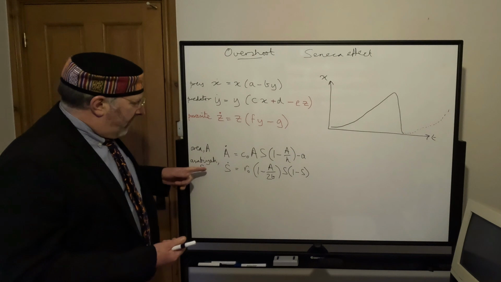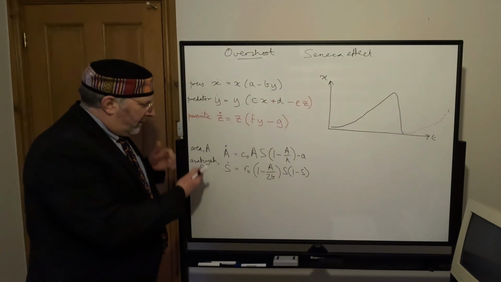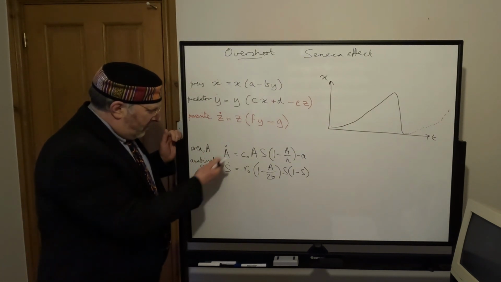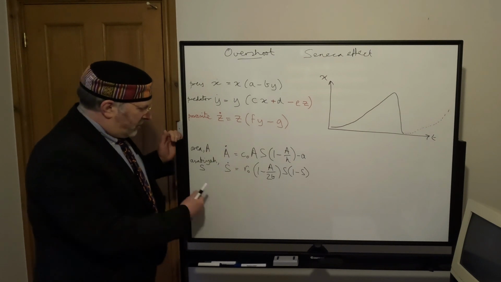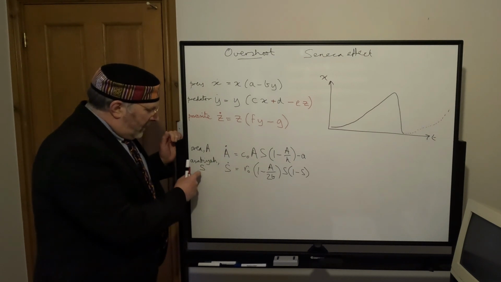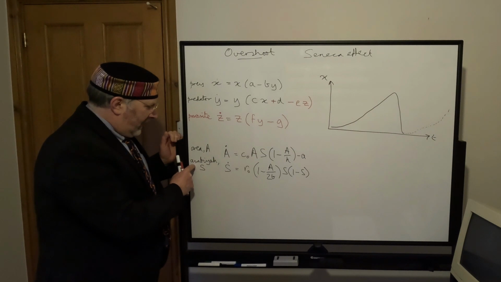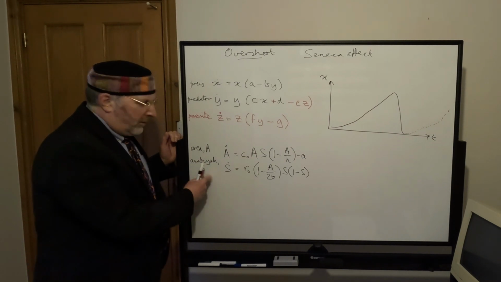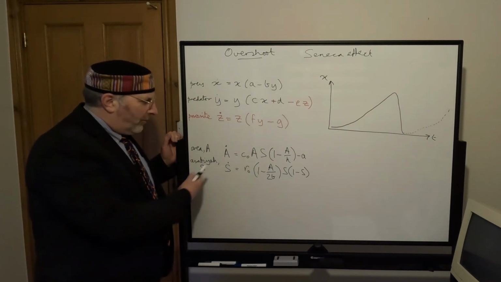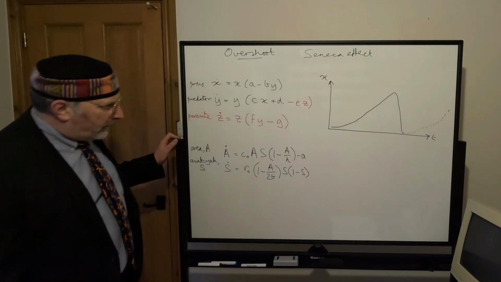And he uses A for area and S for asabiyah. Obviously, they both begin with a letter A, so he had to choose a different one. So it may be because it's the second letter of asabiyah, but also it could stand for something like solidarity or social cohesion.